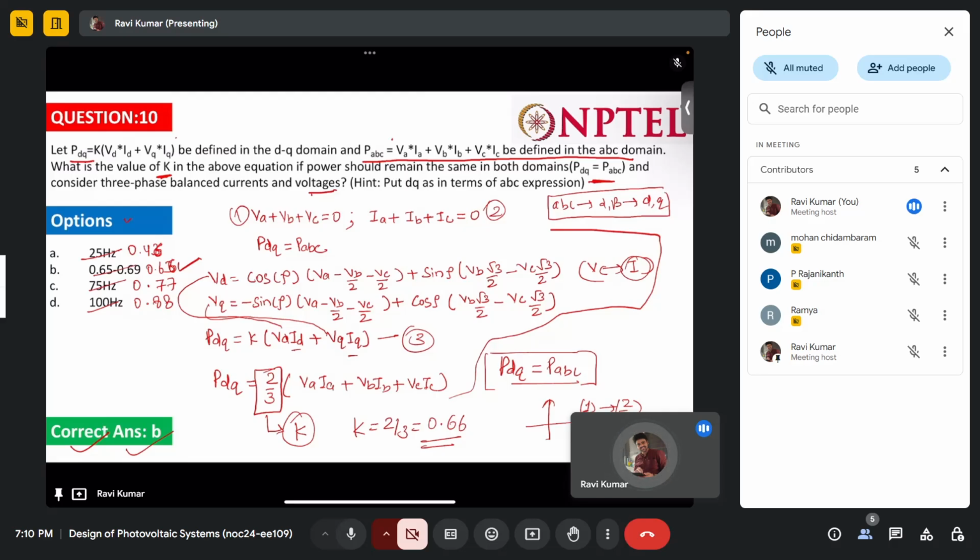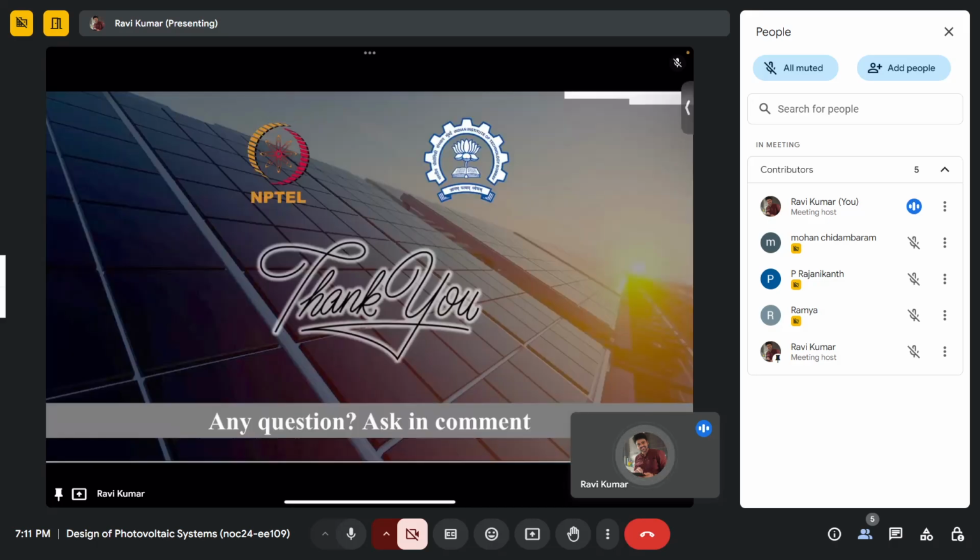We will sit together, calculate the load, and do all the required calculations. We will find out the battery storage and the amount of PV modules we require, everything. So that we will do in the Saturday class.